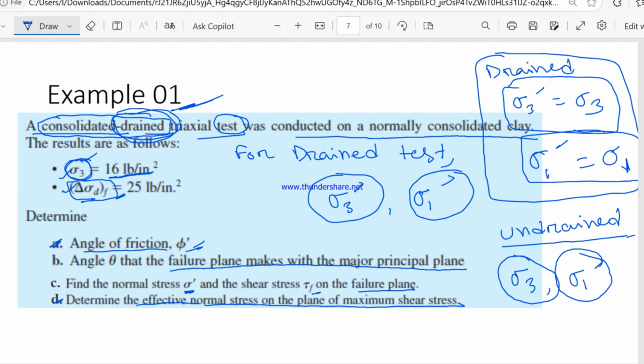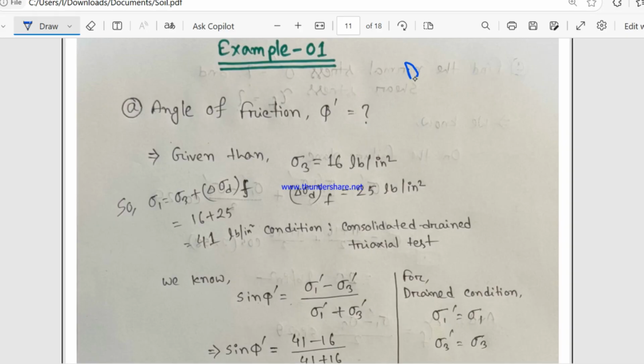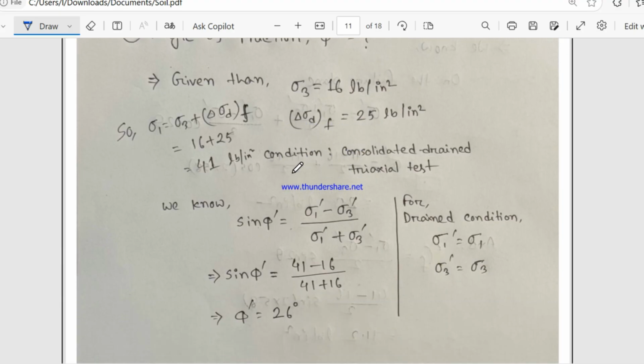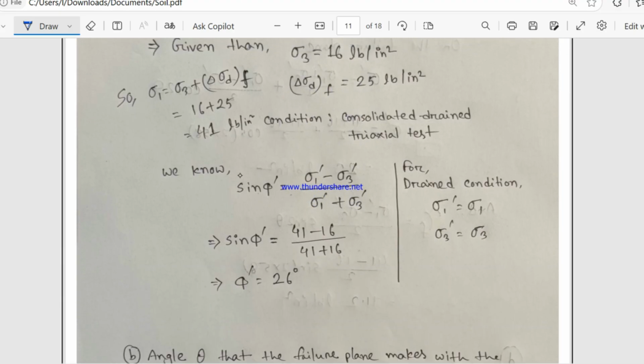For the drained condition we use sigma 3 prime and sigma 1 prime, and the formula is sin phi prime equals sigma 1 prime minus sigma 3 prime divided by sigma 1 prime plus sigma 3 prime.